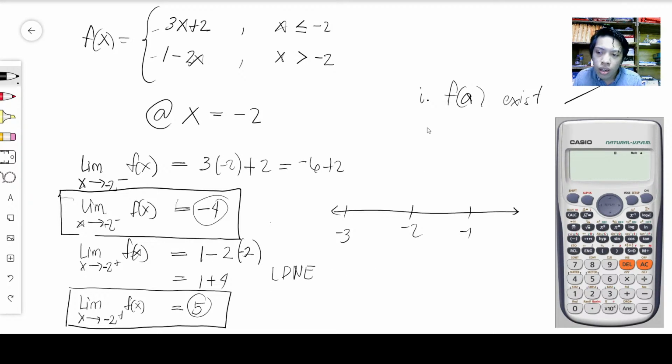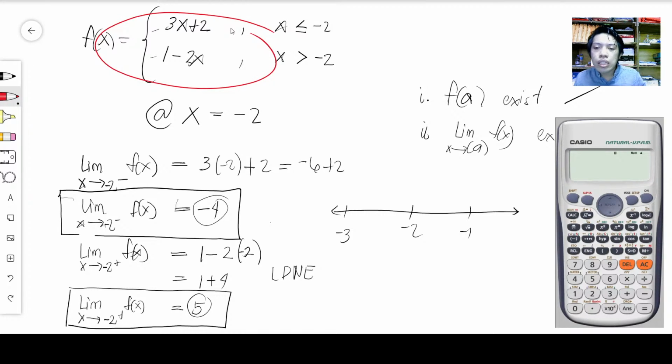Ibig sabihin, ang atong criteria nga ikaduha, and that is the limit of f of x as x approaches a should also exist. Dili man niya na-exist. Ibig sabihin, this function is discontinuous at x is equal to negative 2.